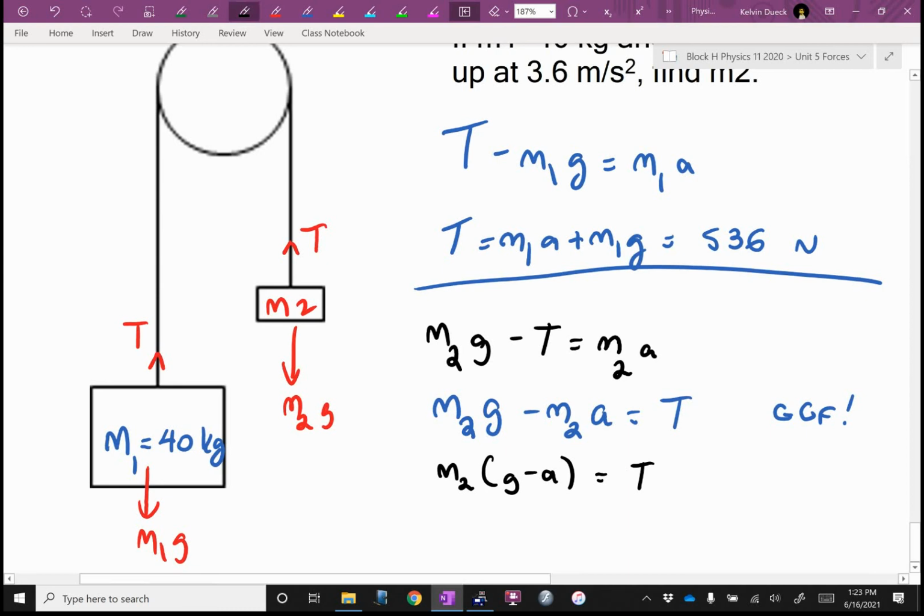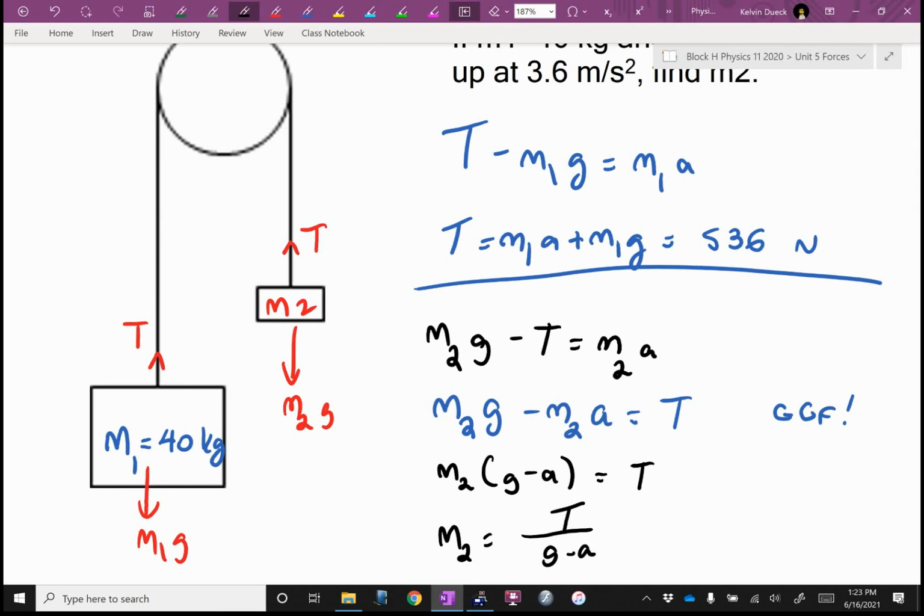How would you move the bracket over? What would you have done? How would you have got this M2 by itself?